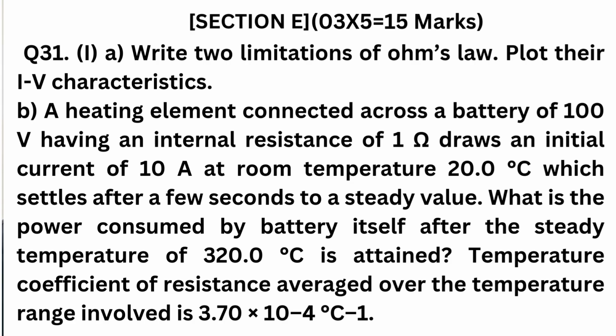What is the power consumed by battery itself after the steady temperature of 320 degrees Celsius is attained? Temperature coefficient of the resistance averaged over the temperature range involved is 3.7 into 10 raised to power minus 4 per degree Celsius.